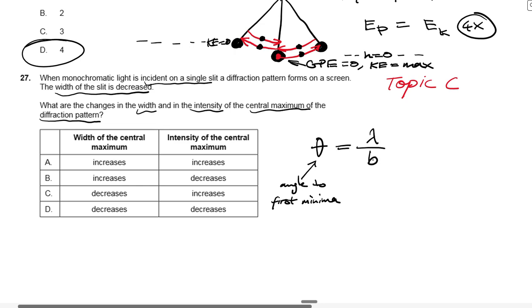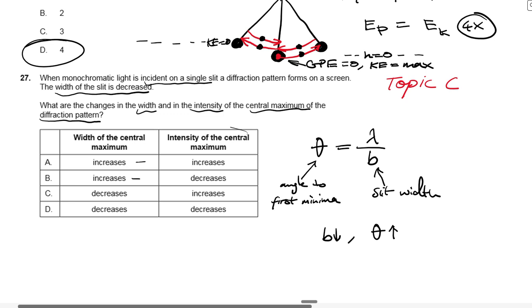Lambda over b, and this is our slit width. If our width decreases, our theta increases. And so the width of our central maximum, which is related directly to theta, increases.